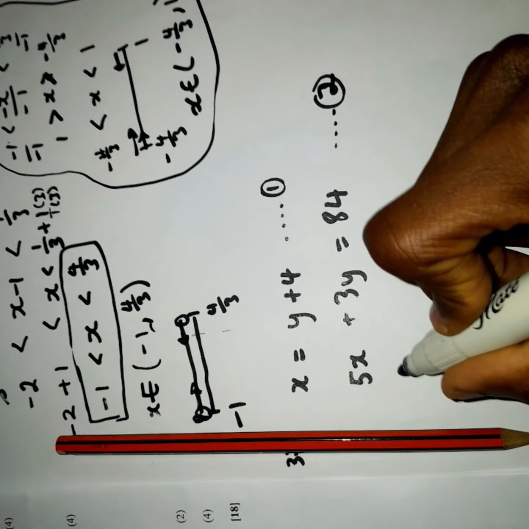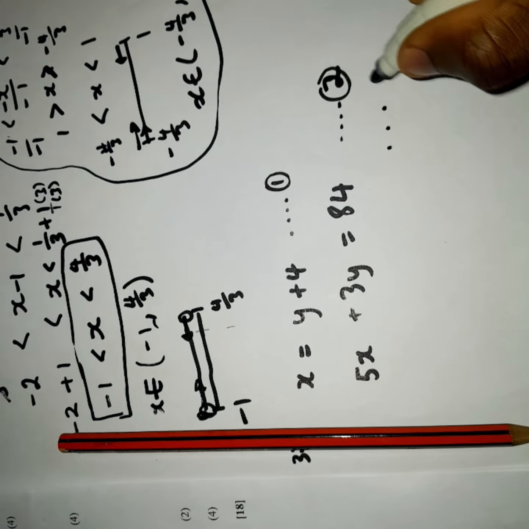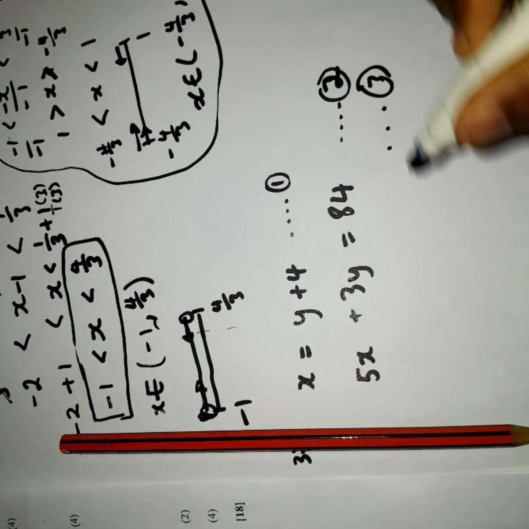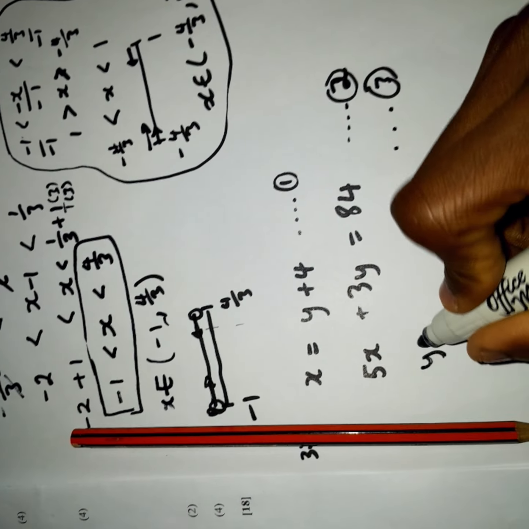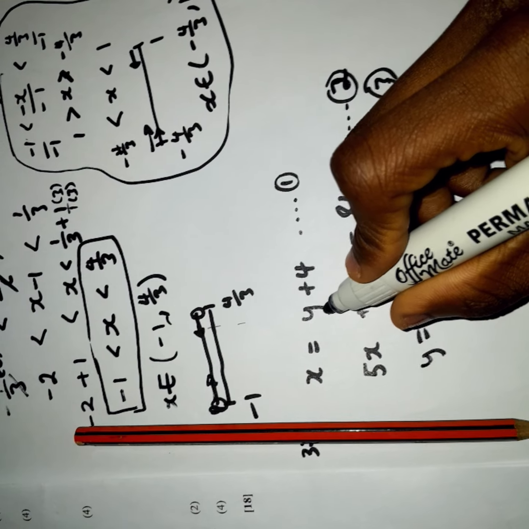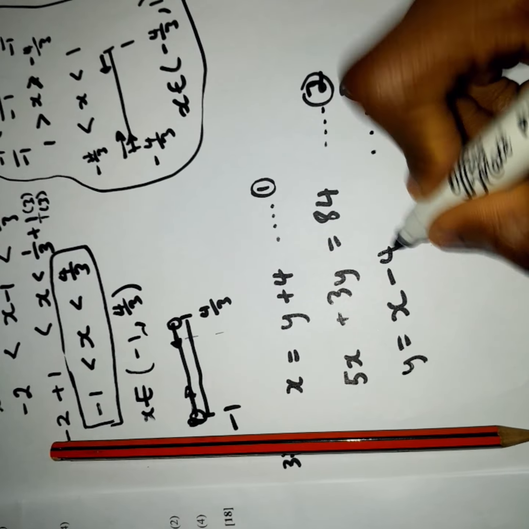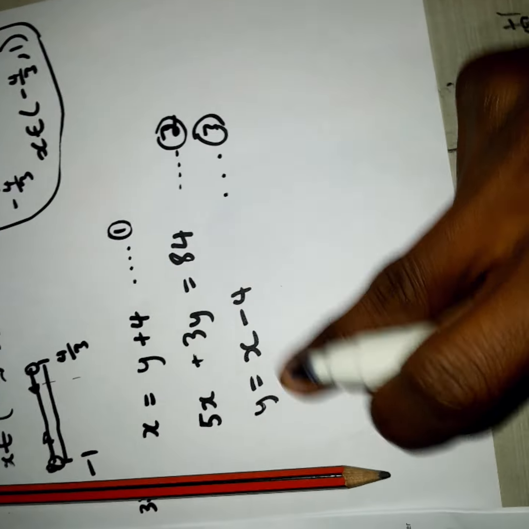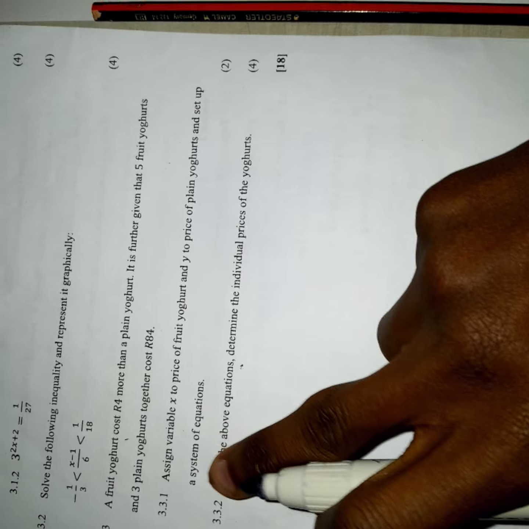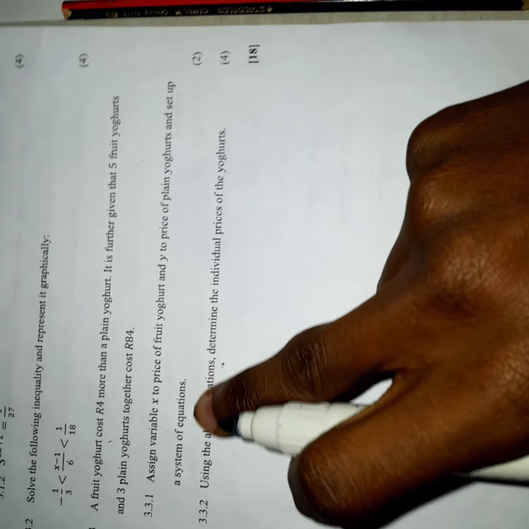So for equation 3, I'm going to use y as the subject of the formula. I take those to the other side, it becomes x minus 4. So now it is x minus 4. Now it's the third equation. So this is how we tackle this kind of question when doing system of equations, basically like simultaneous equations.